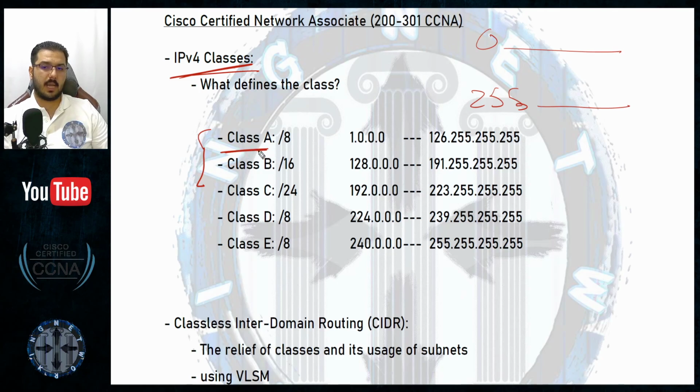Class A started from the very first 1 dot something, and it ended at 126. And 126.0.0.255 is still not the full range. You need to fill all of the octets, so 126 dot all of them.